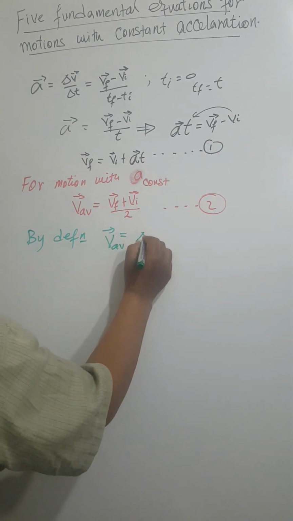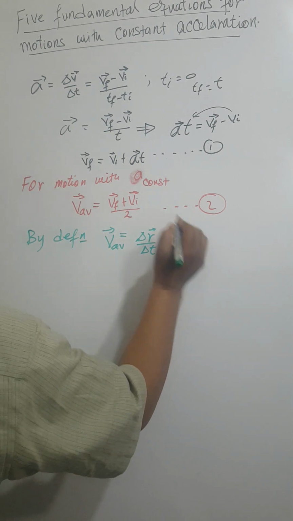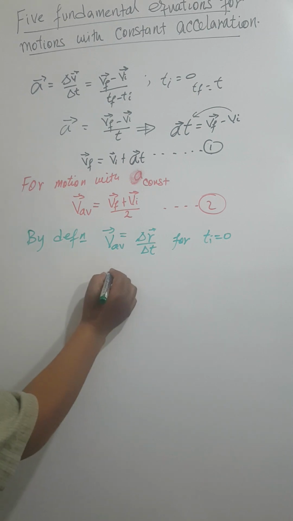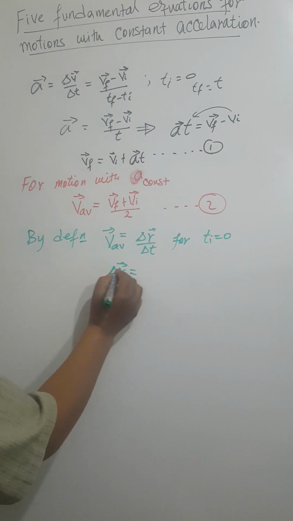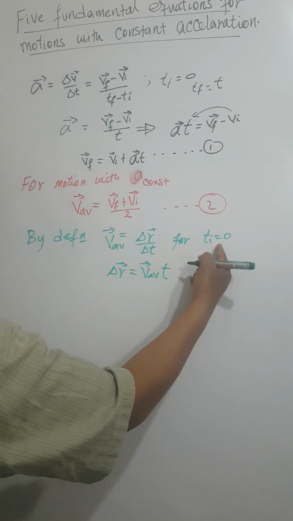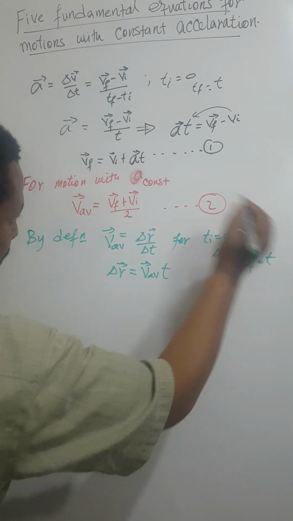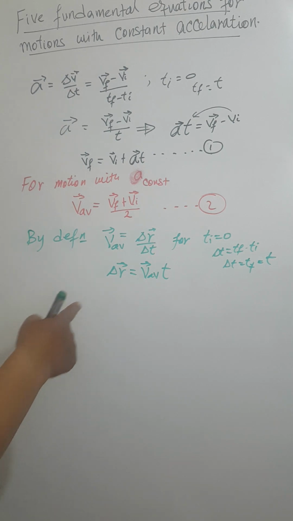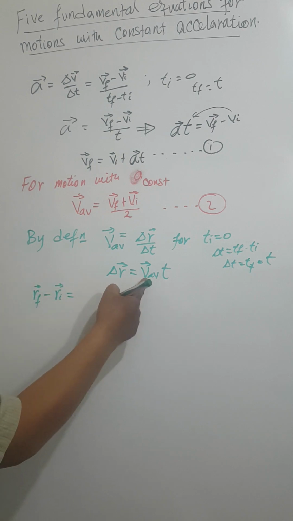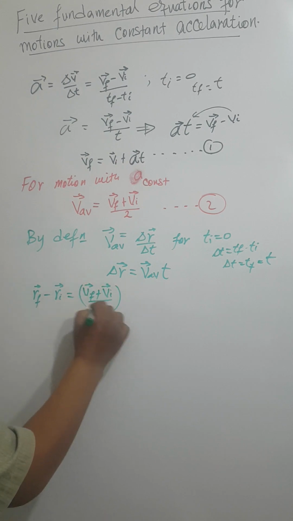Vav is equal to change in R divided by change in T. For Ti equal to 0, change in R is equal to Vav times T. Now change in T is equal to Tf minus Ti, so change in T is equal to Tf, which is mostly considered as T. So now change in R is equal to Vav times T. This change in R means R final minus R initial, and Vav is velocity final plus velocity initial divided by 2, times T.